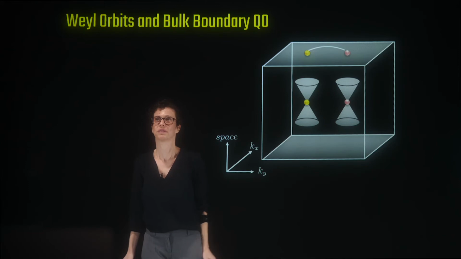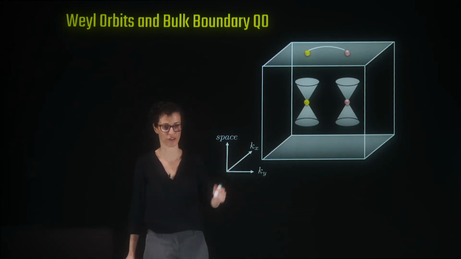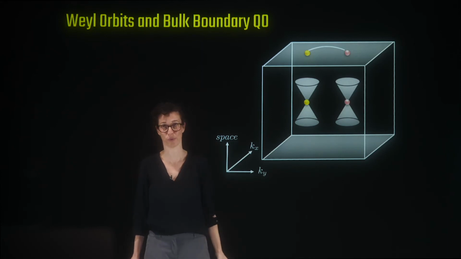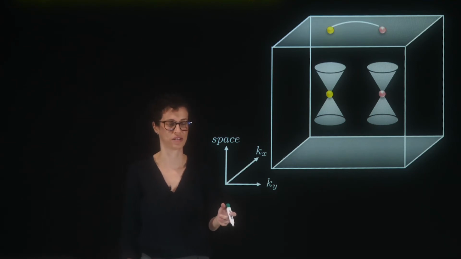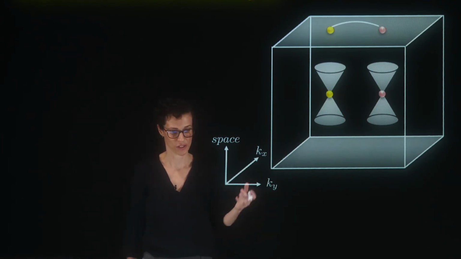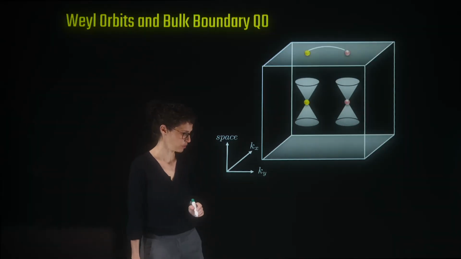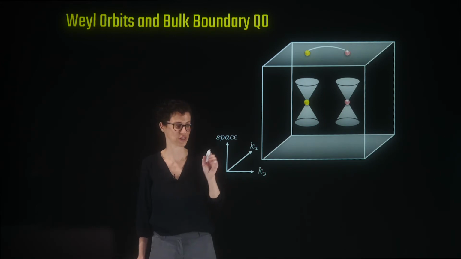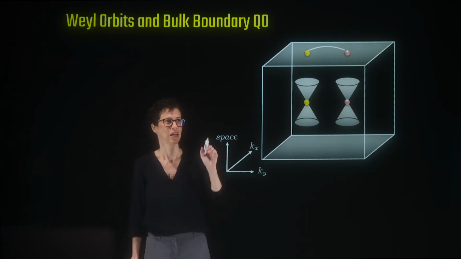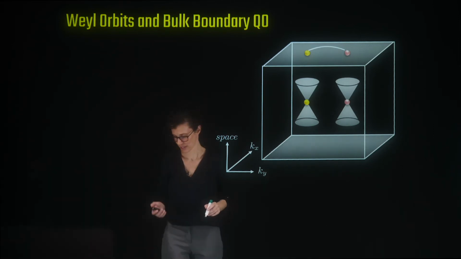Now we want to talk about another aspect of Weyl semimetals that might be reflected in transport properties, which is called quantum oscillations, or Weyl orbits, or bulk boundary orbits, or bulk boundary quantum oscillations. And this is a unique phenomenon to Weyl semimetals that really gives us access to the physics of the chiral Landau levels in the bulk, along with the physics of the open Fermi arcs at the surface.